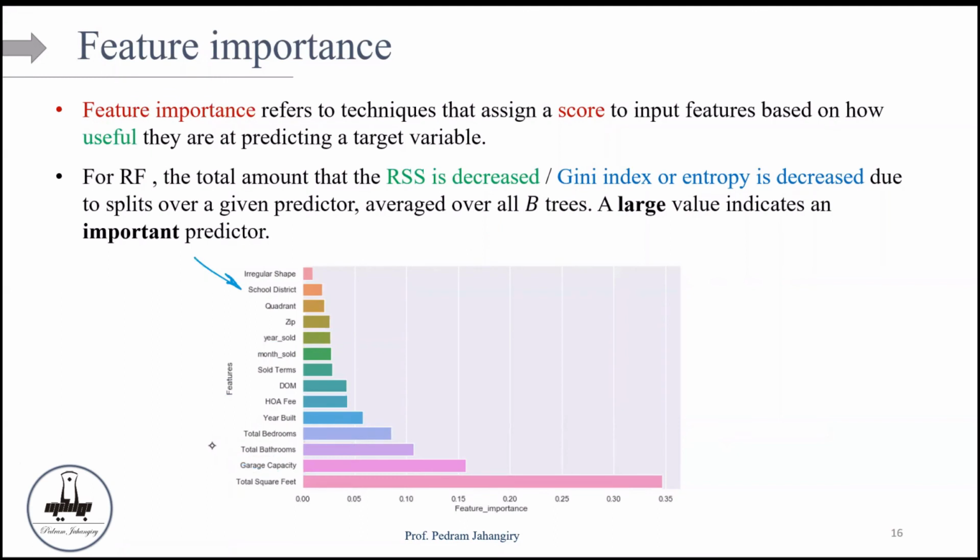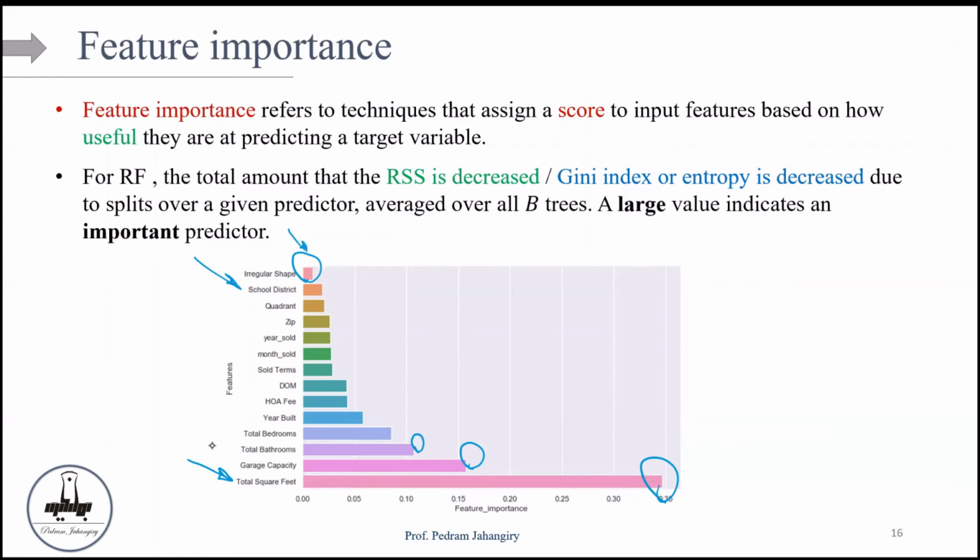In this example, it seems that total square feet is the most important feature among all the features. The next one is garage capacity, etc. And the least important feature in the model was irregular shape. So if a property has an irregular shape, it has the least important effect on the model, right? That makes pretty much sense.